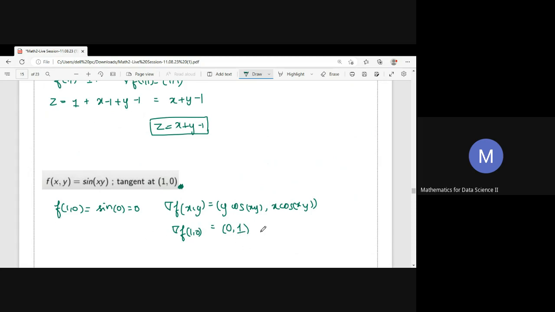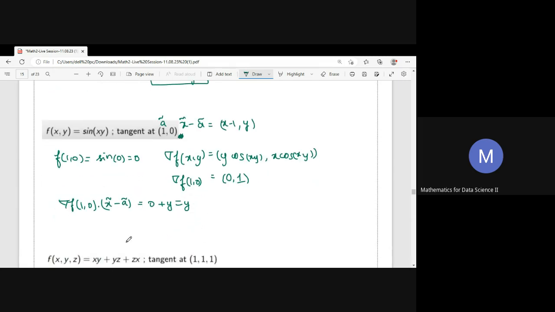This is your a tilde, and x tilde minus a tilde is x minus 1, y. The dot product of del f of 1, 0 with x tilde minus a tilde is x minus 1 into 0, which is 0, plus y. So z is f of 1, 0, which is 0, plus y. So z is equal to y. This is the equation of the tangent plane.